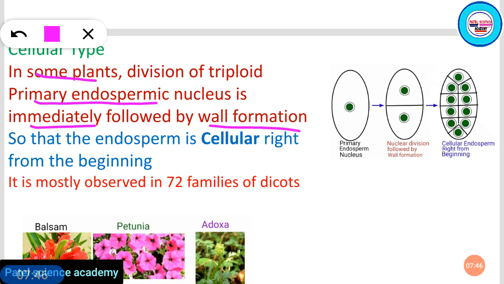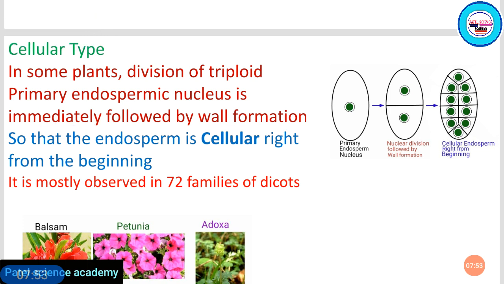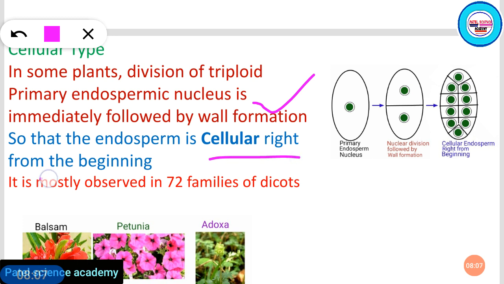So here the difference lies between the cellular and the nuclear type of endosperm. Here the endosperm PEN mitotically divides, and it is followed by a quick formation of the cell wall, so that the endosperm is cellular right from the beginning. It means the cell wall is formed right from the beginning around each nucleus. This is the difference between the nuclear and the cellular type of endosperm.